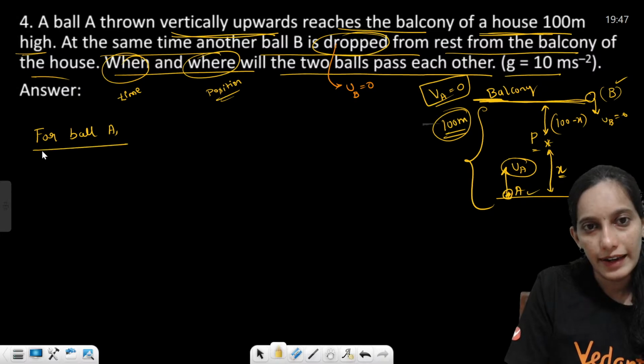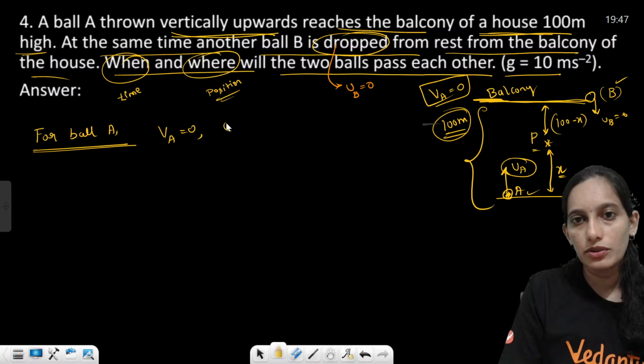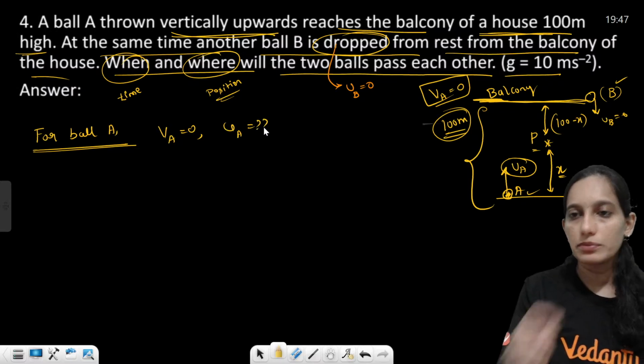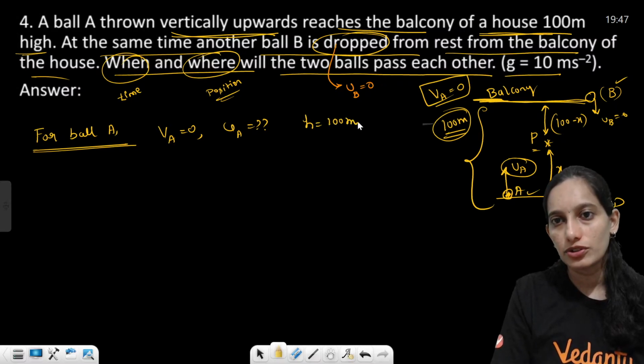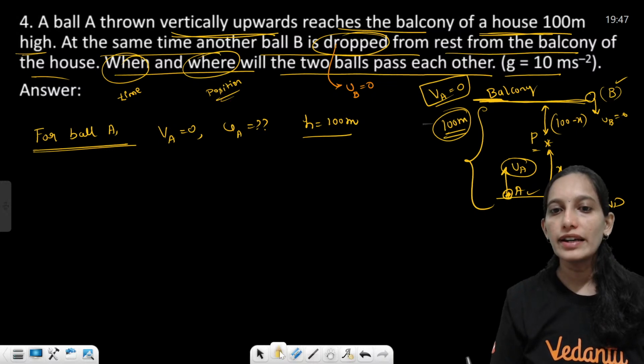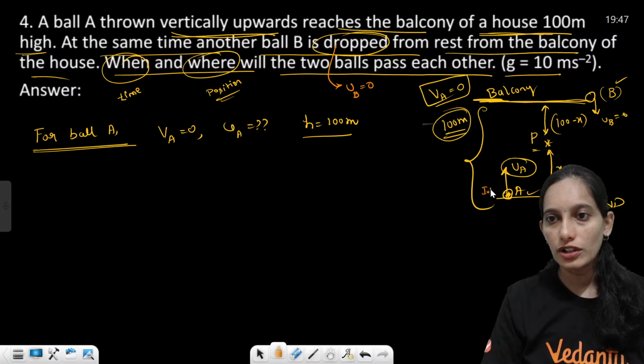So for ball A, final velocity is 0, initial velocity I am supposed to find out, and its displacement, let me take it as h, is equal to 100 meter. Here for ball A it is a positive displacement, correct? Because this is the initial position, this is the final position.